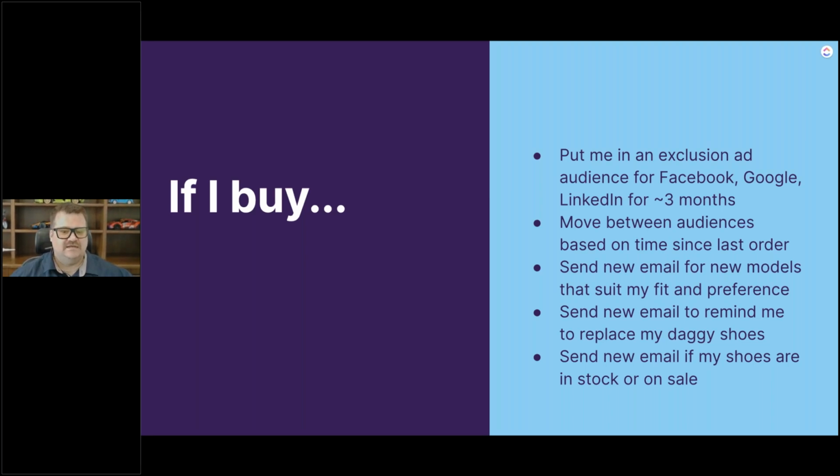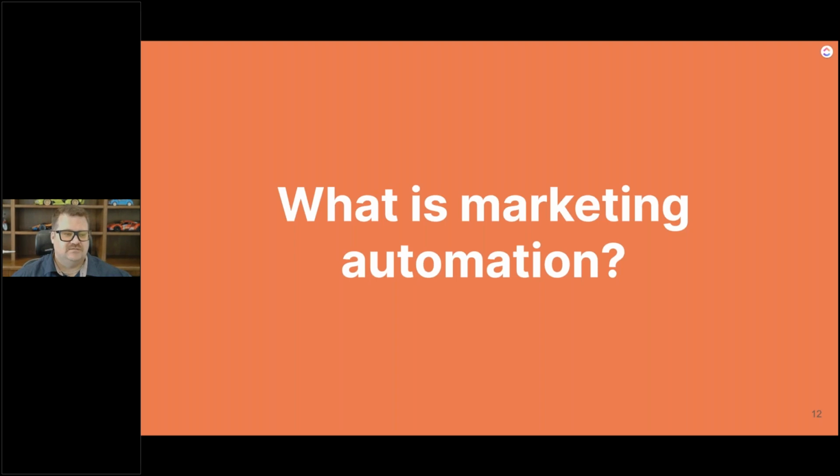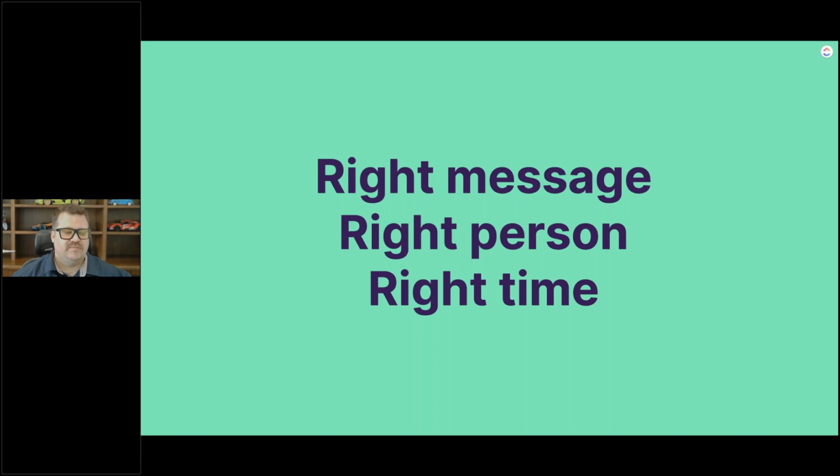And that is where marketing automation comes in. So we can talk all about the technical ins and outs of what marketing automation is. But at the end of the day, marketing automation is all about getting the right message to the right person at the right time. Yeah, a lot of the time we can get the right message to the right person at the wrong time.